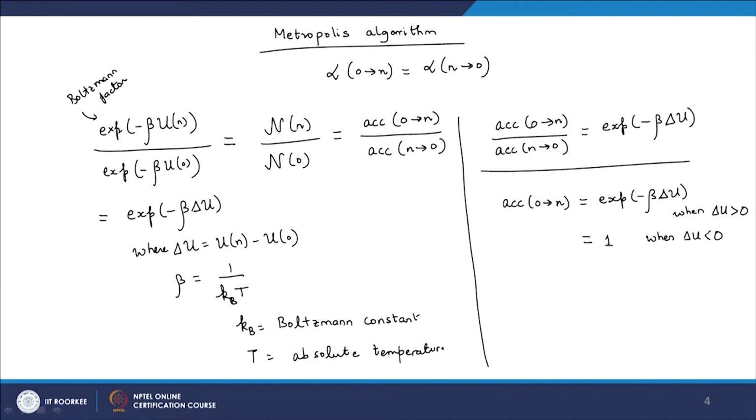So, if we are going downhill in the energy, we always accept the move. If we are going uphill, we accept with the probability given by exponential of minus beta delta u.